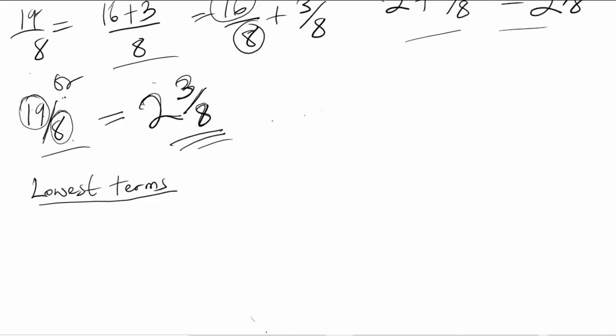The value of a fraction, say x over y, remains the same if both the numerator and the denominator are divided by the same number. The value remains the same.